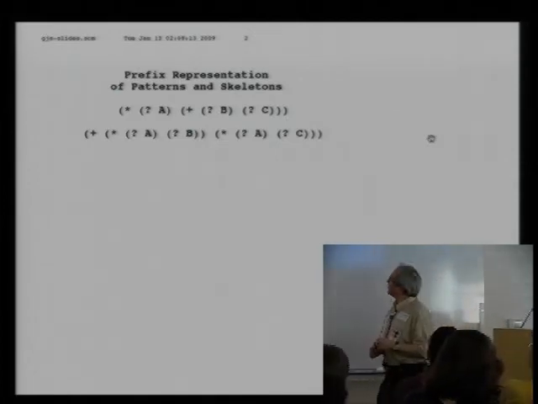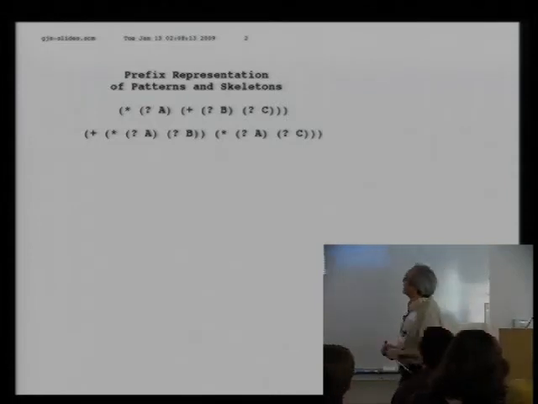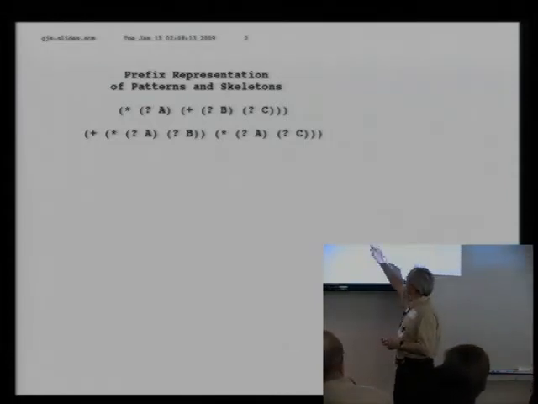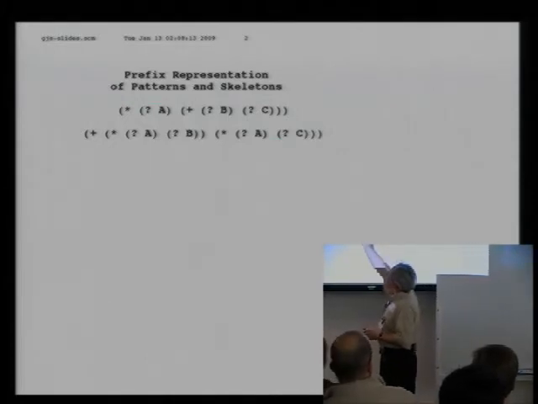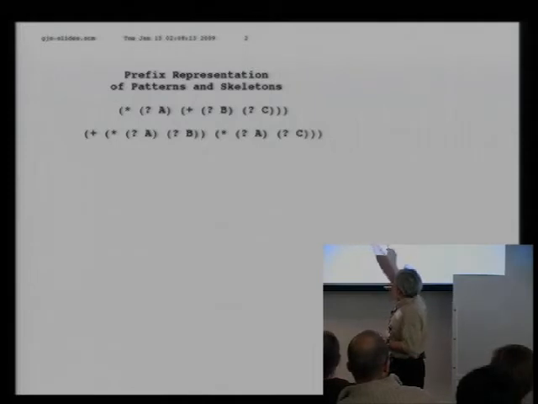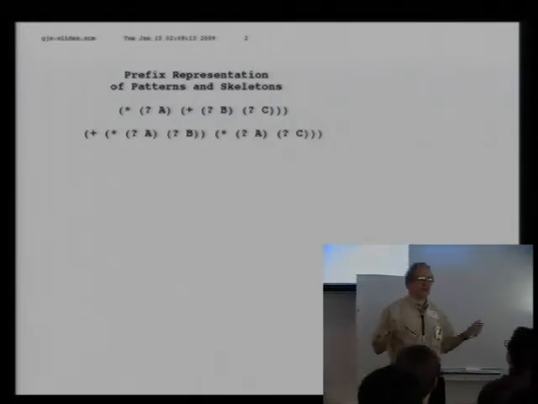Of course, because we're in the Lisp world, I'm going to make my patterns in terms of prefix notation, so we're going to be matching what look like Lisp expressions. This is a thing that matches the product of A and the sum of B and C, where A, B, and C are syntactic variables.